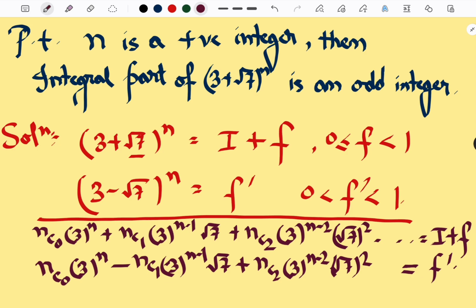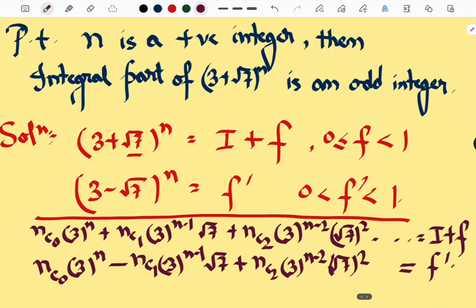Now if this is equal to f', then let's add it up. If I add it up, what will get cancelled? The negative sign values will get cancelled. And why are we adding up?